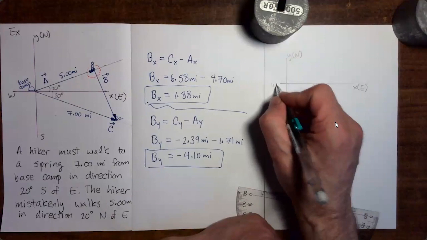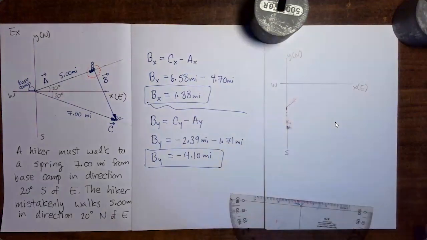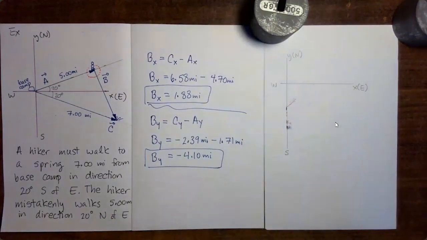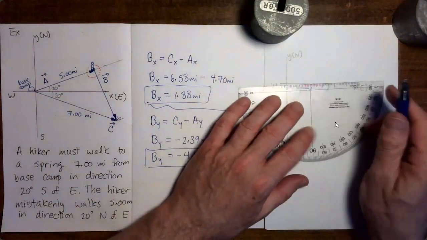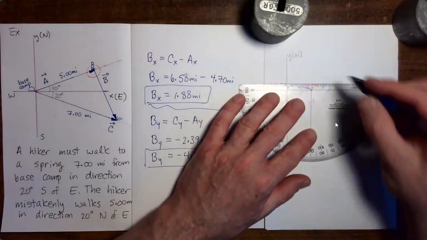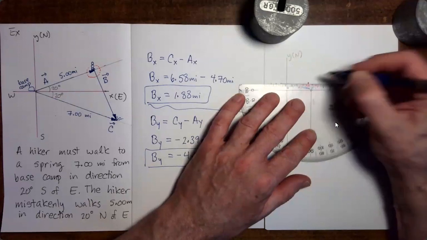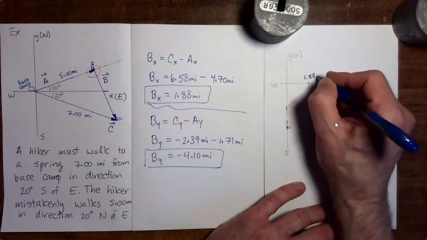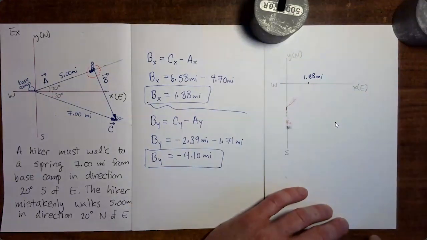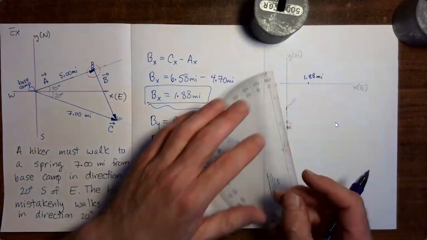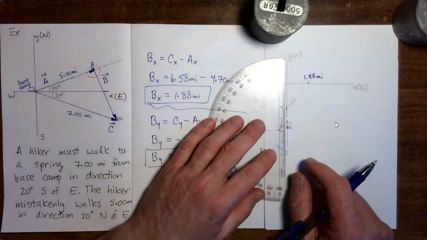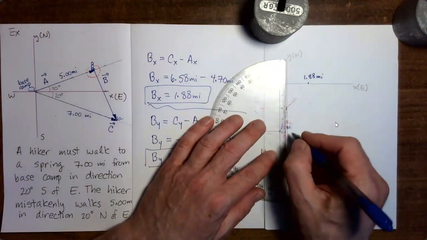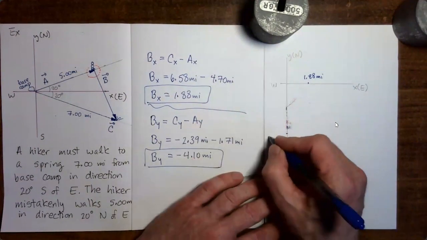And then we have west, south. And now let's draw in vector b. So the x component is 1.88 miles, so we can mark that along the plus x direction, somewhere like that. And then we have the y component, minus 4.1. That would be in here somewhere.